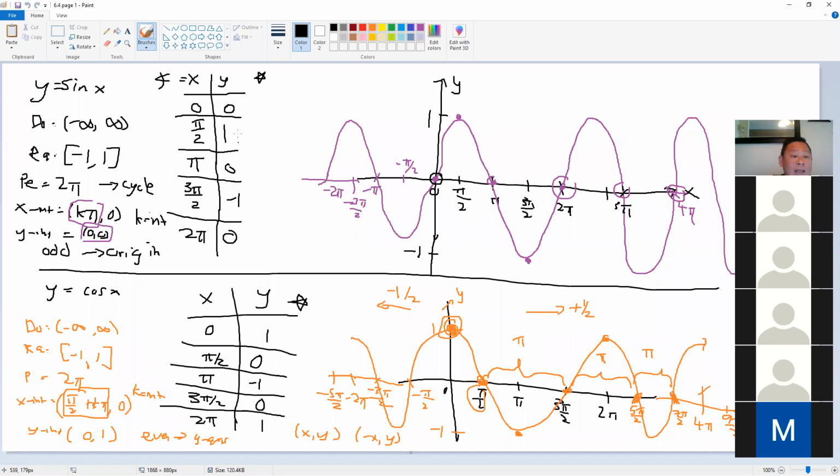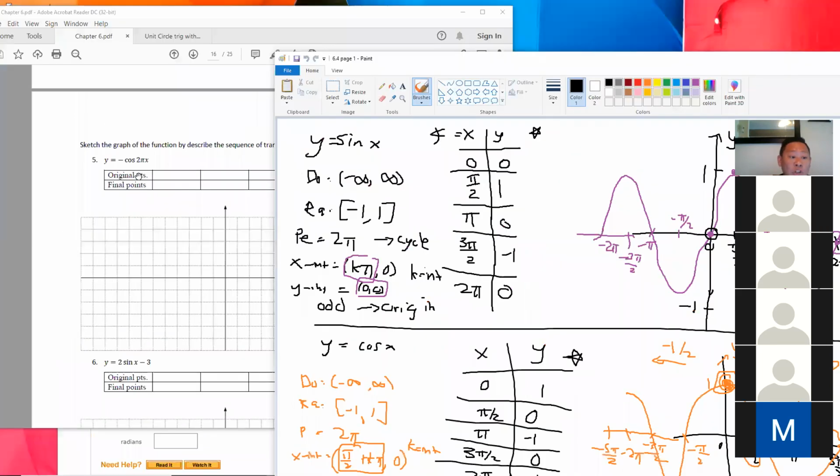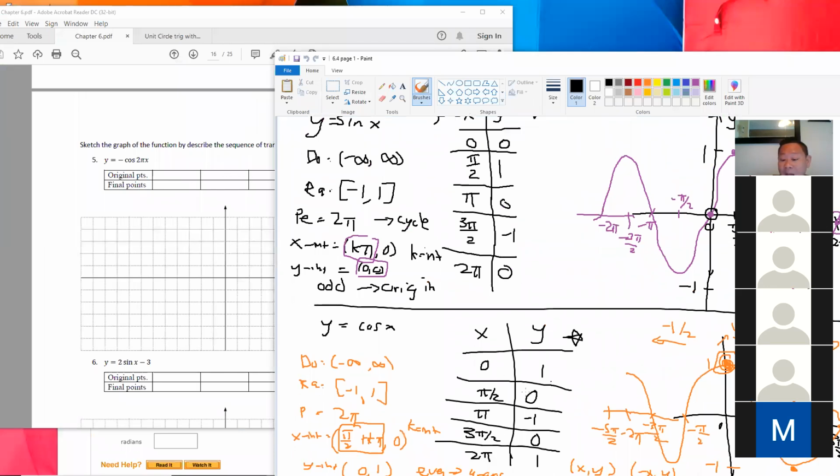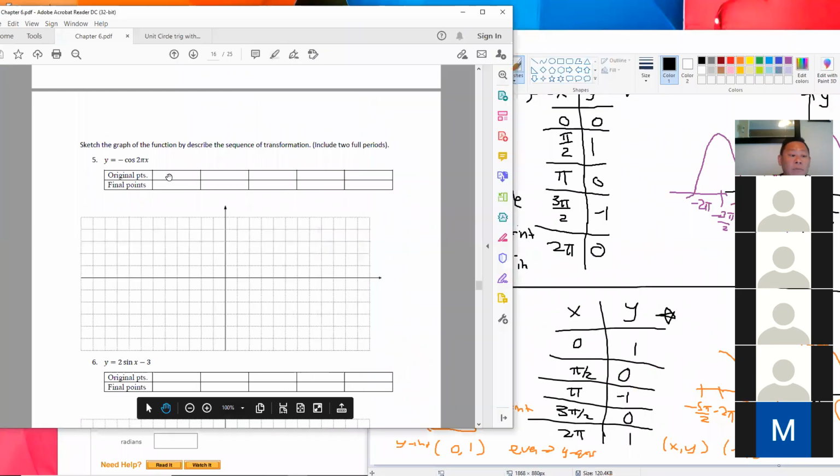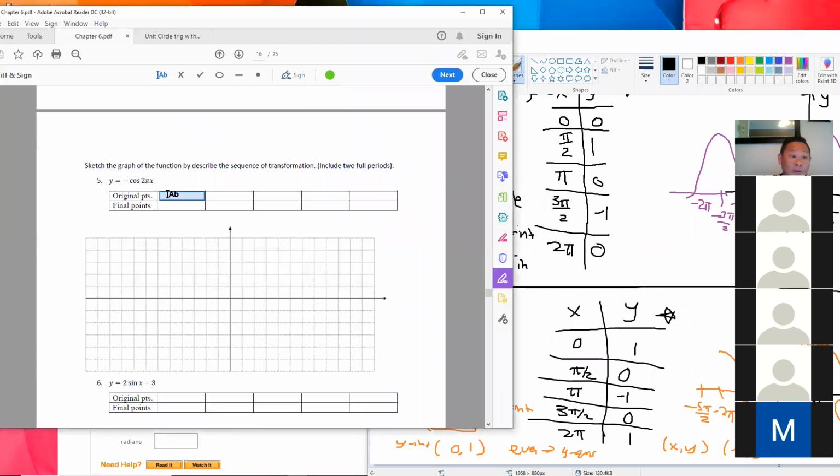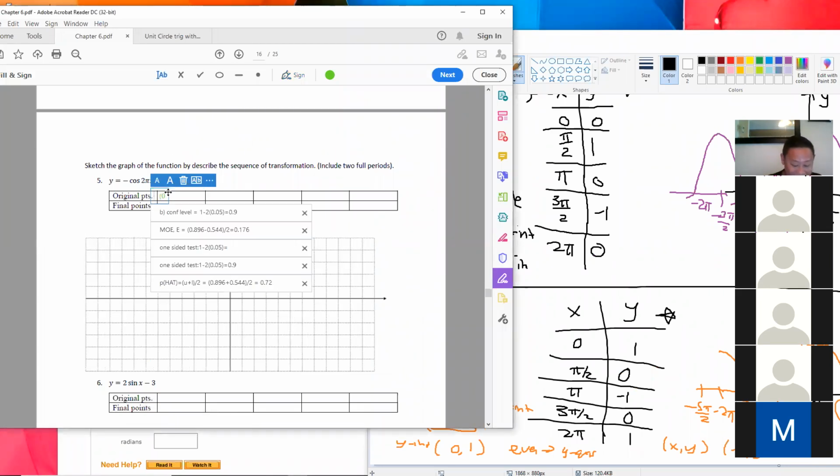If I ask for sine, then these are the 5 points I'm talking about. So in this case, the original 5 points that you put in here will consist of these 5 coordinates. So it will be 0, 1. Yeah, this is tough. I told you this class is difficult.